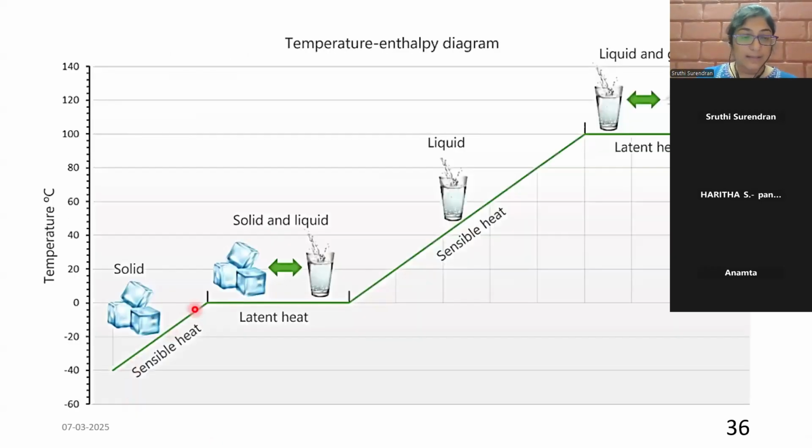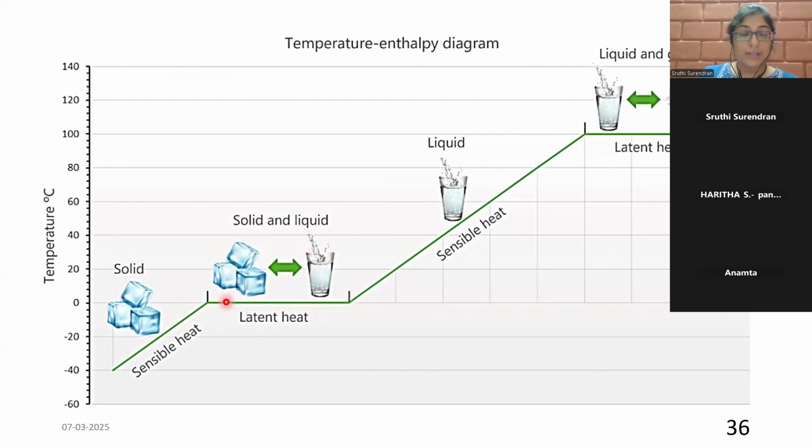So if you see, this is sensible heat, because this y-axis, which is temperature, is changing. When a sensible heat is resulting in a change in temperature, whereas latent heat is something where you don't see any change in temperature, but instead what changes is the phase of the object. If you're looking at water over here, ice will turn into liquid without any change in temperature.